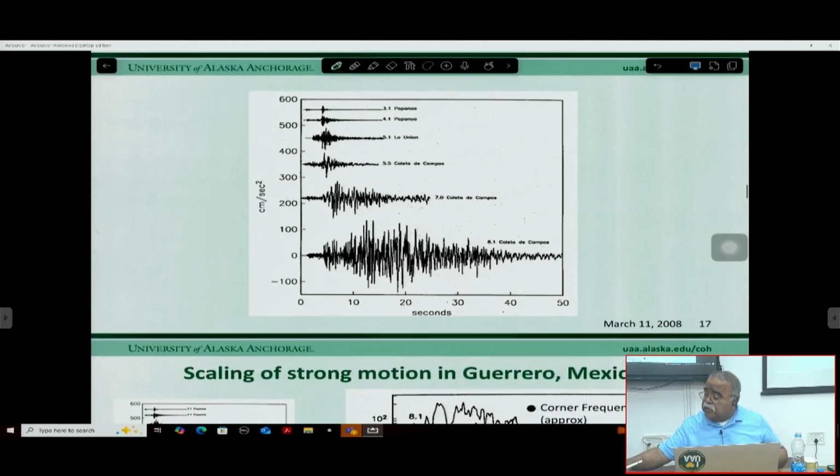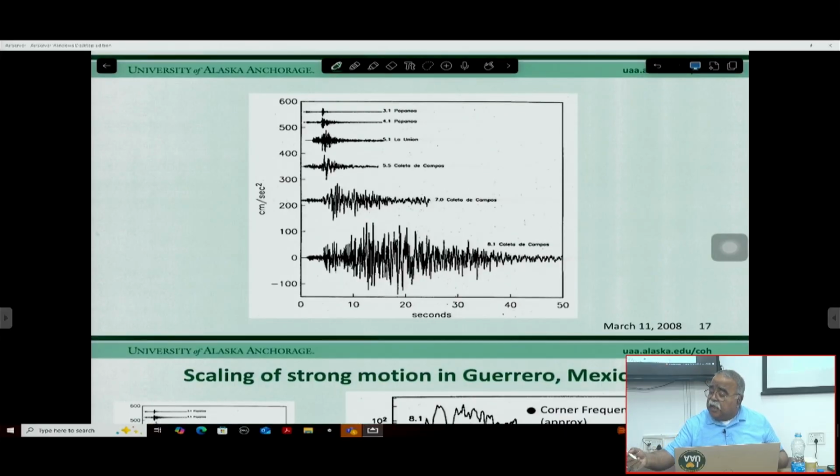Now, you can see here a small magnitude earthquake and a big magnitude earthquake, say suppose 8.1 in Mexico and a 3.1, and how the difference is. Here there is a lot of long duration. As you go from here to here, there is a lot more magnitude.